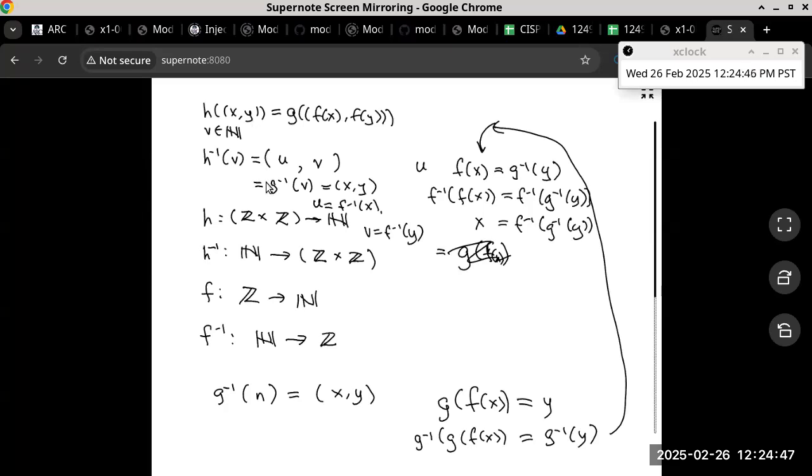That's what h does, which is described by this statement here. So when we reverse, we want to go from a natural number back to the two tuple of integers that corresponds to the natural number.